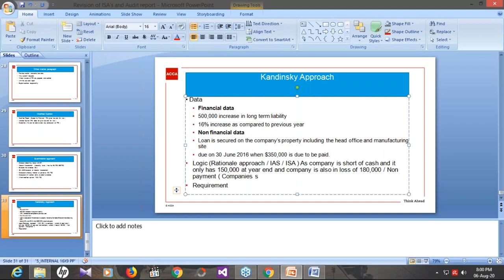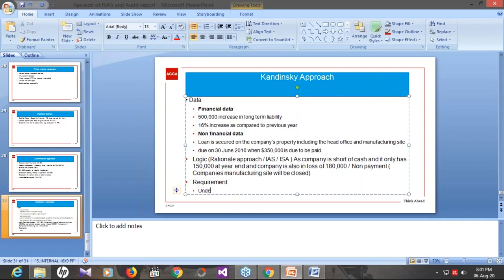Company's site, means manufacturing site, will be closed. So this is our logic. So now finally we have to relate it with the requirement.